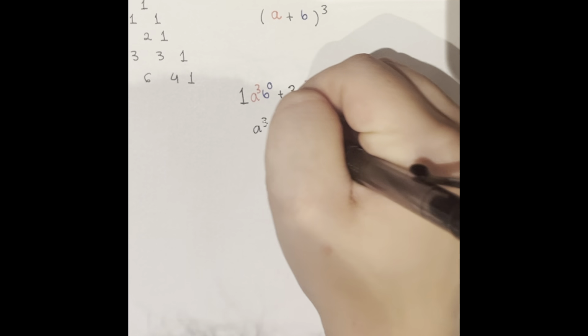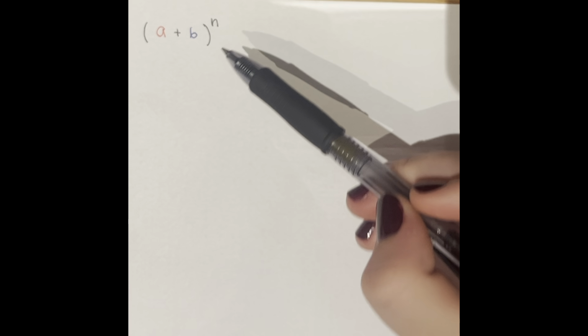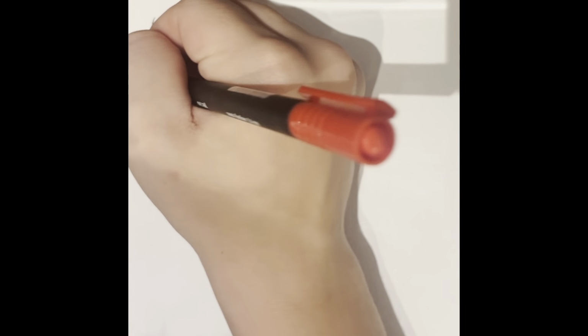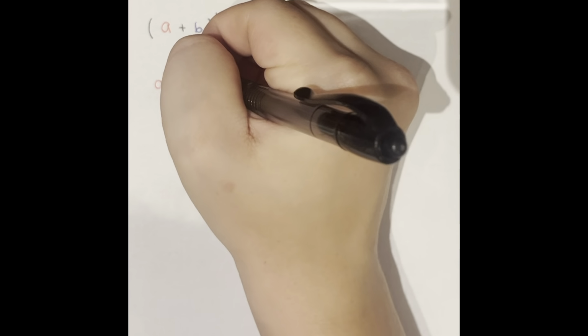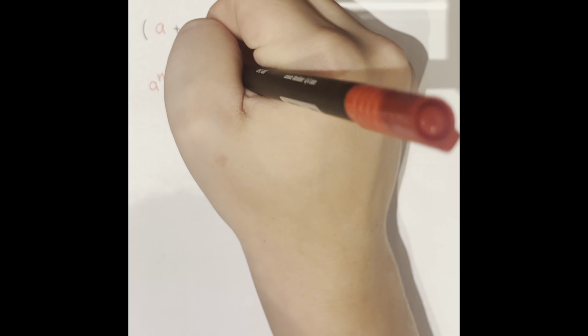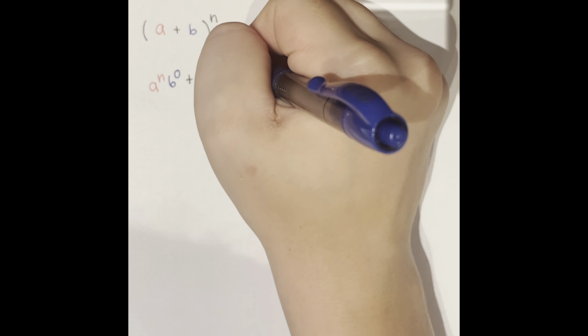Okay, so how can we express what we have already done in terms of n? It's essentially really simple. Our a is always going to start with a to the n, which is our highest possible power, and our b will always start as b to the 0. And then as we go forward, a will become a to the power of n minus 1, because it will slowly decrease by 1, and b will become b to the 1.